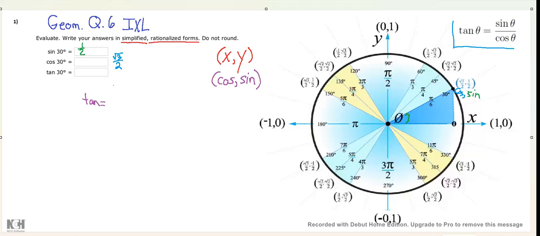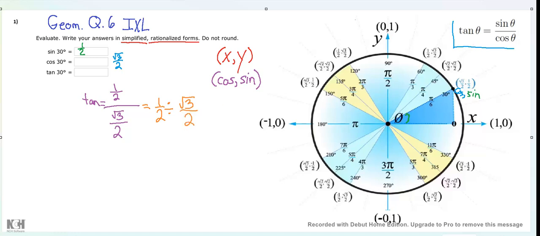It's going to be the sine, which is 1/2, divided by the cosine, which is the square root of 3 over 2. Now, what this really means, I'll do it the long way. What that really means is 1/2 divided by the square root of 3 over 2.